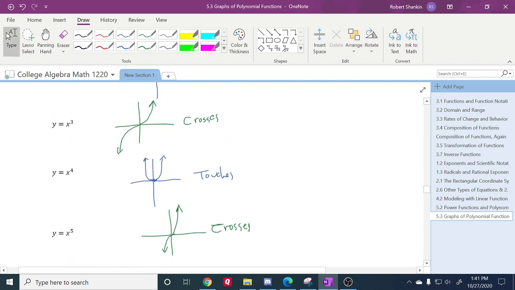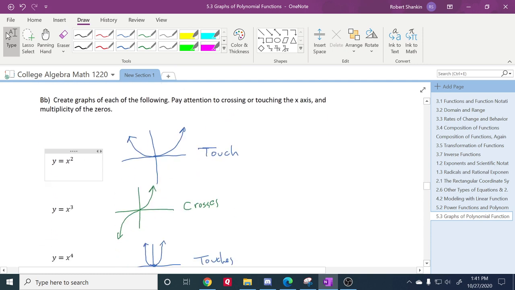Now, you might think, well, this doesn't have anything to do with multiplicity. Well, yeah, it does.